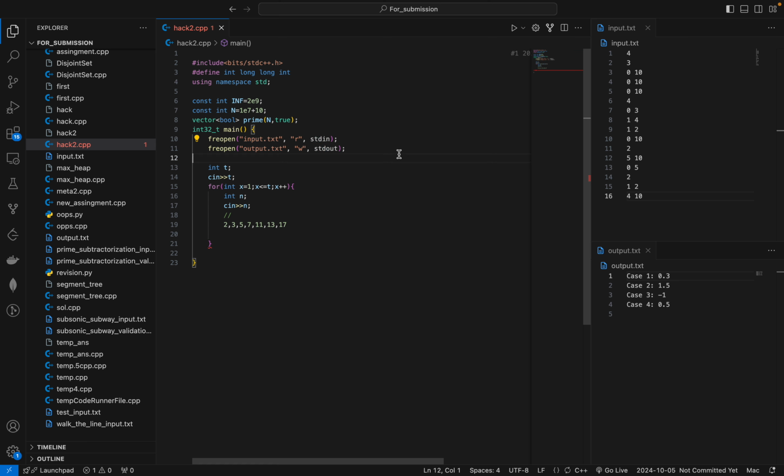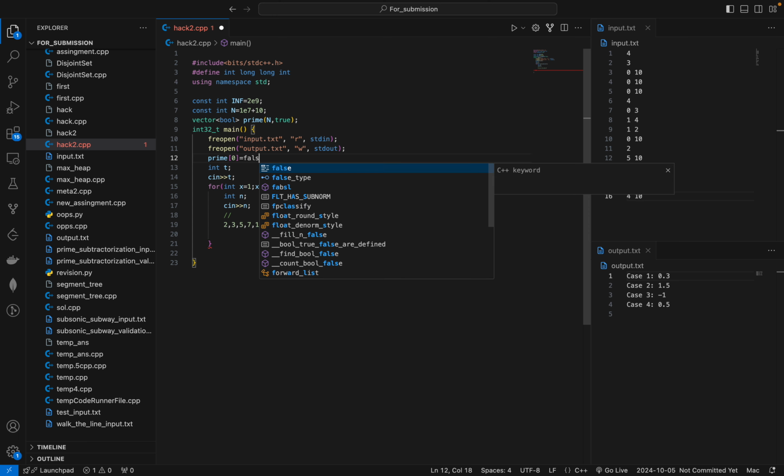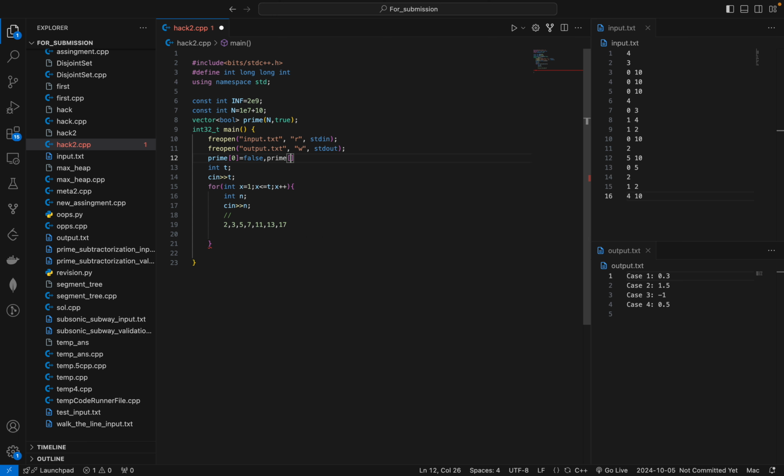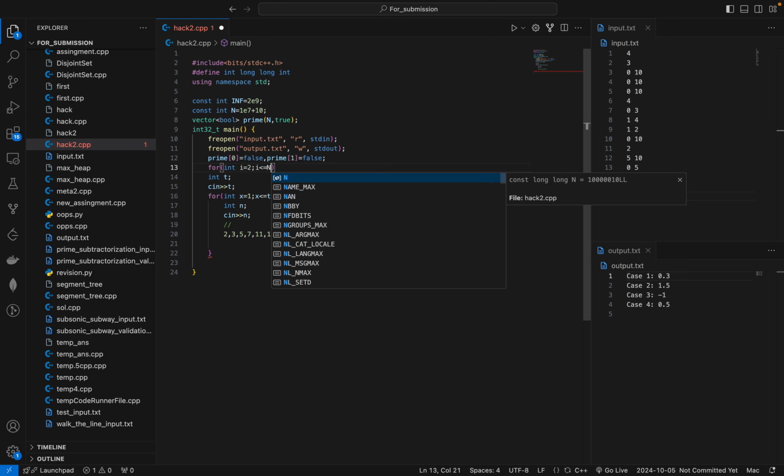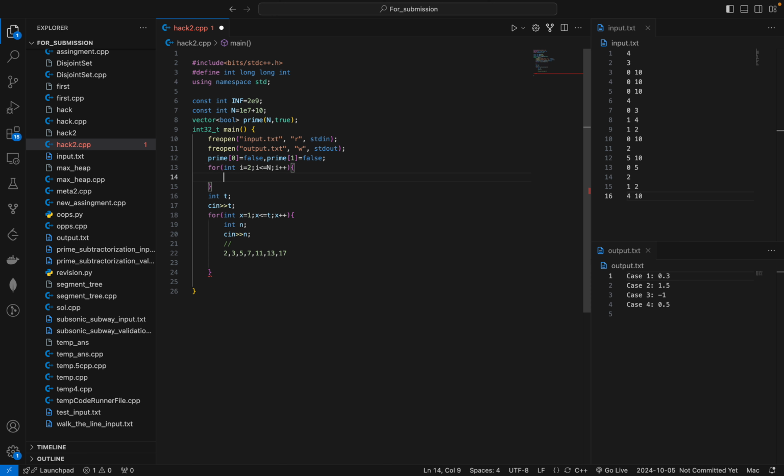We know 0 is not a prime number, 1 is not a prime number. Now we start with 2. If i is a prime number, we mark all the multiples of i as non-prime, because if i is not a prime number, then some multiple of i would have already been marked non-prime, so we only need to mark the multiples of prime numbers.